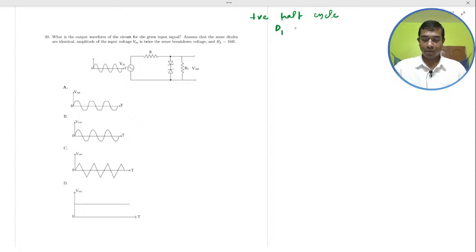D1 is forward. It means diode 1 is in forward bias, and diode 2 is in reverse bias. This is the positive half cycle. So here let VZ be the breakdown voltage.